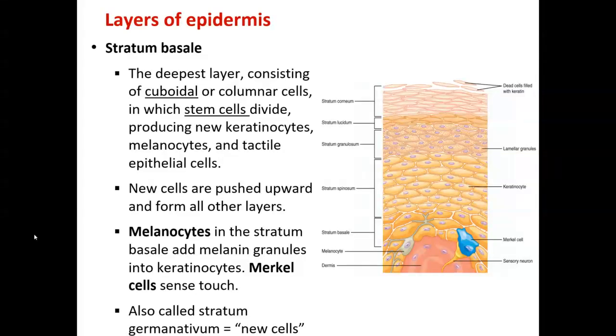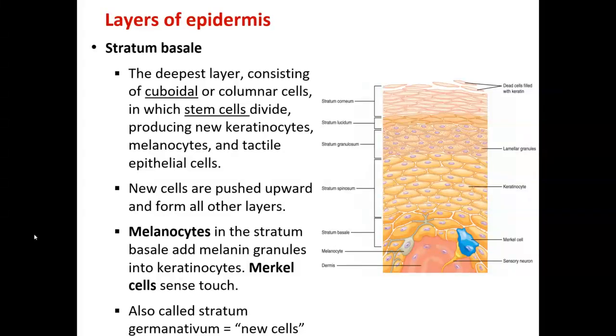So the next set of layers is the stratum spinosum, and as they move up, they're filling up with more keratin. This granulosum layer is called that because it has these so-called lamellar granules. These are granules of some kind of waxy material that helps make the skin more waterproof.